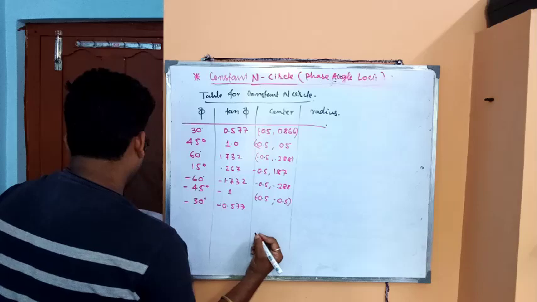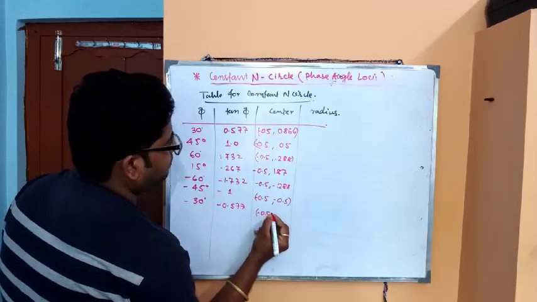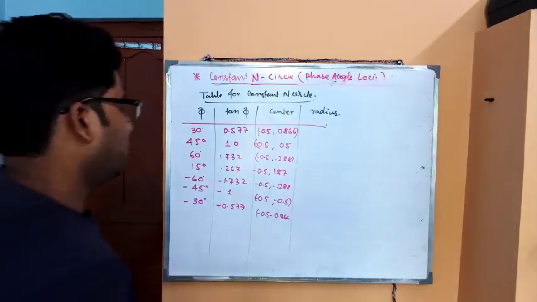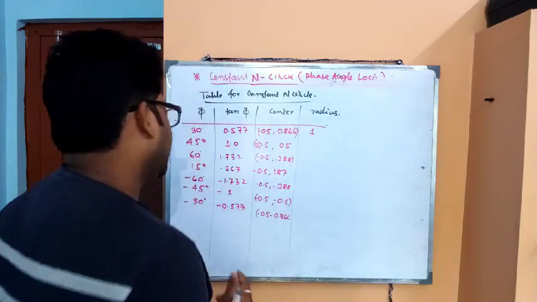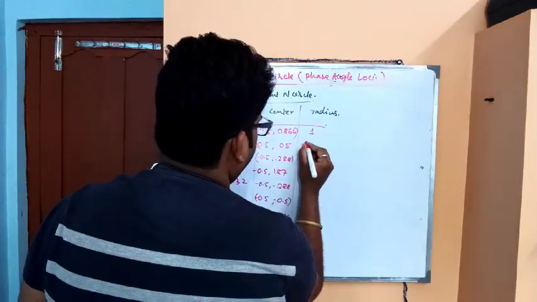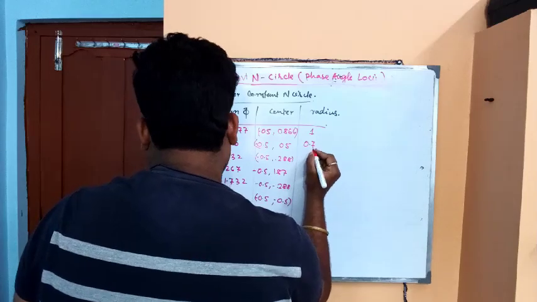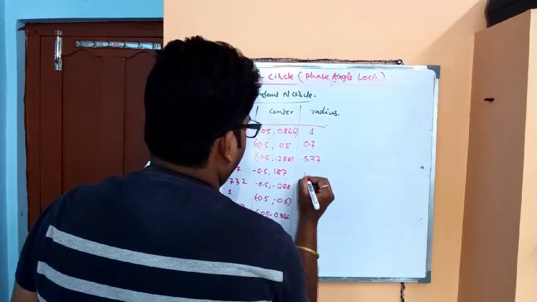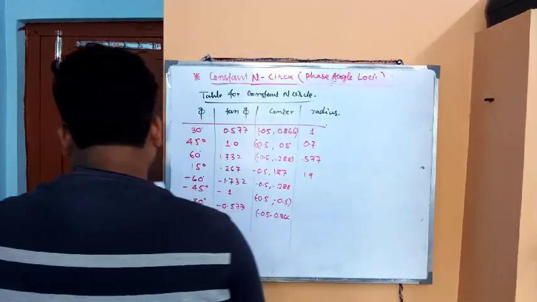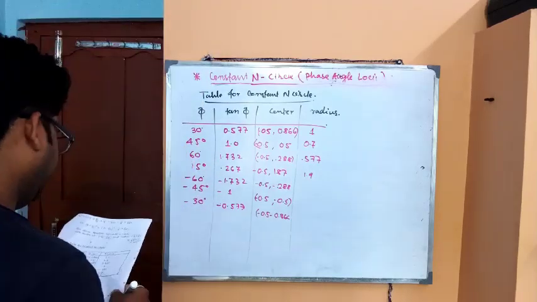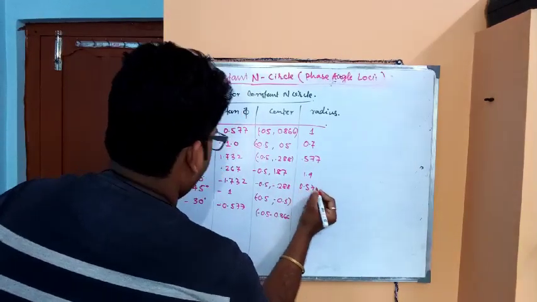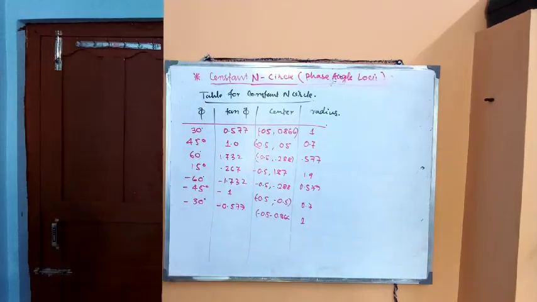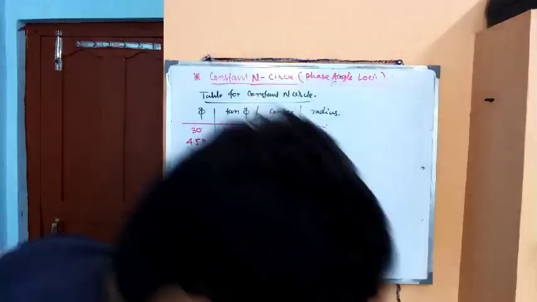And for minus 30 degree it is minus 0.5 comma minus 0.866. With respect to this, the value of radius for 30 degree is equal to 1, for 45 degree it is 0.7, for 60 degree it is 0.577, for 15 degree it is 1.9, for minus 60 degree it is 0.57, then 0.7, then 1. So these are the values with respect to the constant n circle.